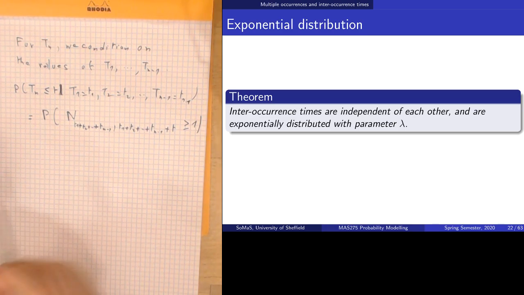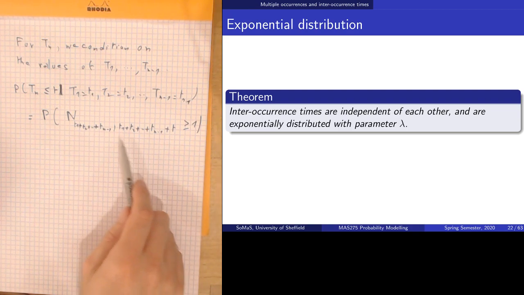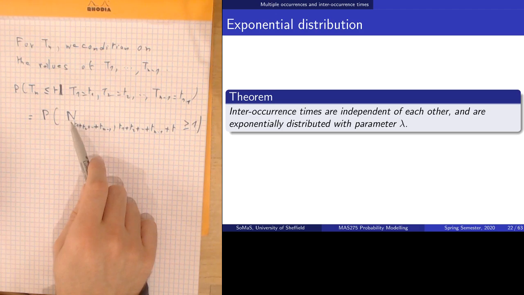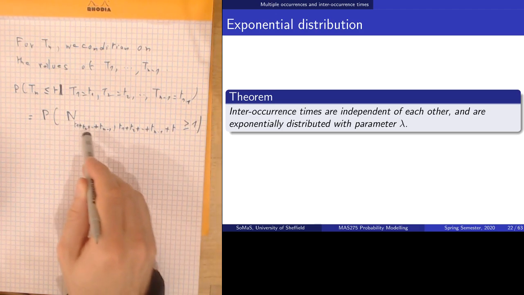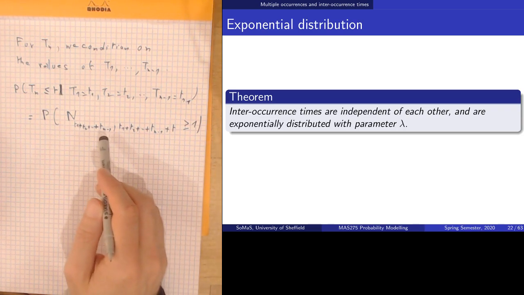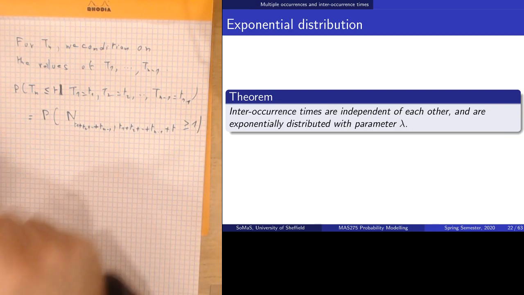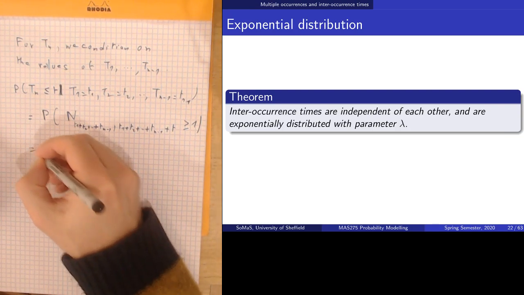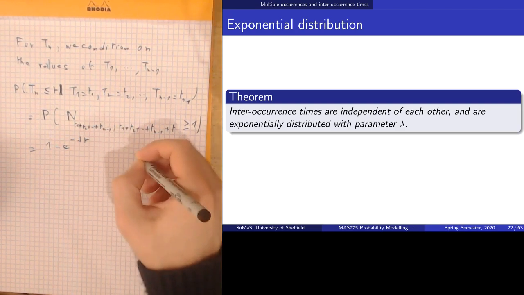And okay, so there's a lot of things in the indices, but remember the distribution of this variable is Poisson with parameter lambda times this minus that. So it's actually the same thing, because we have an interval with length t. It's the same thing as what we did before. Equals 1 minus e to the minus lambda t.